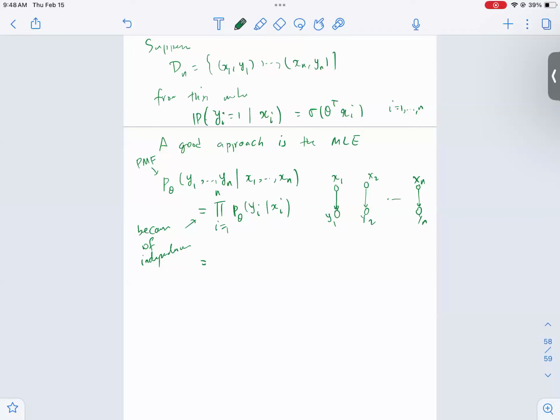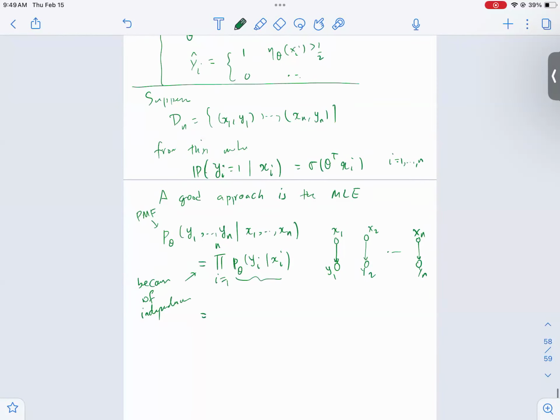Right. So now how can I write this in closed form? One more step. The thing is, this is the probability mass function, so y can take values 0 or 1.